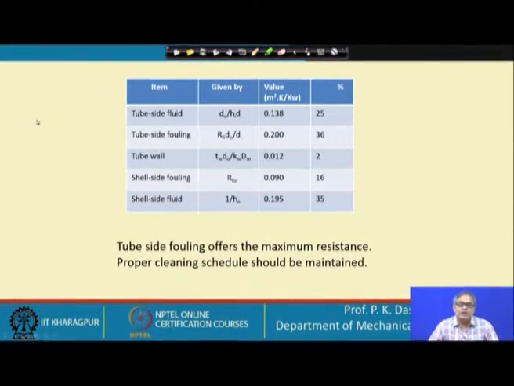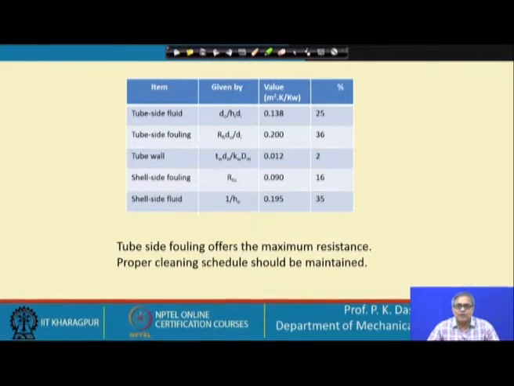So, there should be some method in the heat exchanger to take care of the fouling. That means, from time to time the heat exchanger, both the tube side and the shell side, needs to be cleaned, and particularly tube side fouling is very high. Tube side fouling offers the maximum resistance, and there could be different schemes of cleaning.